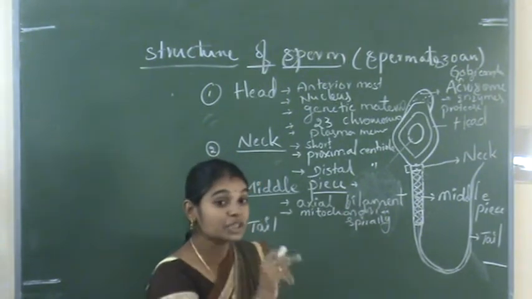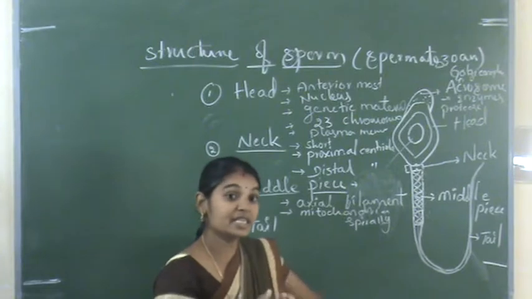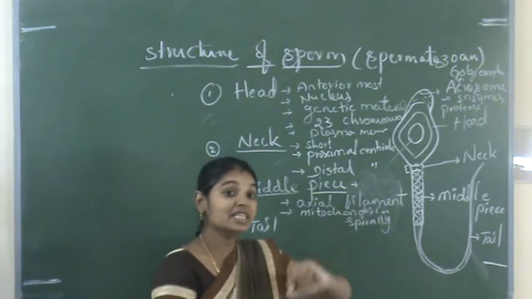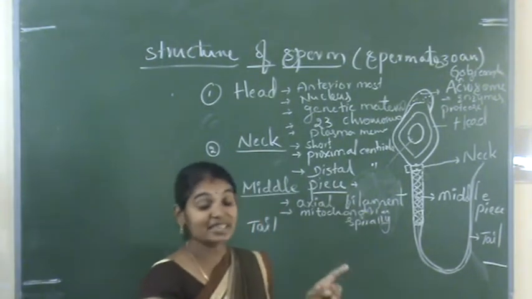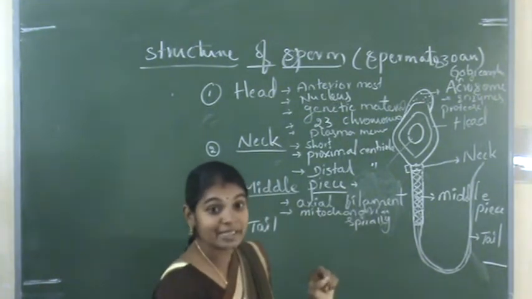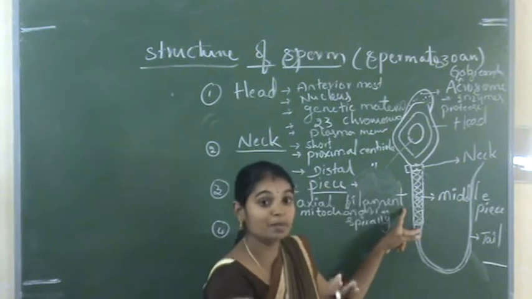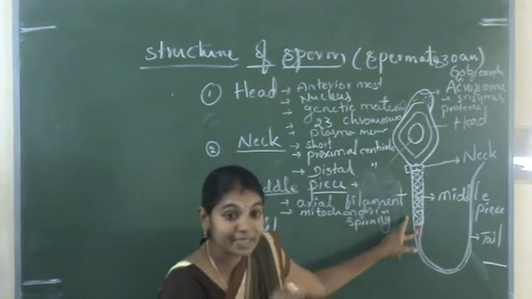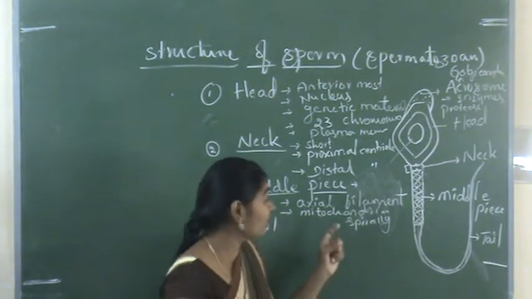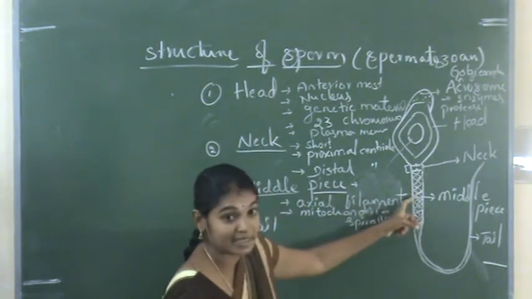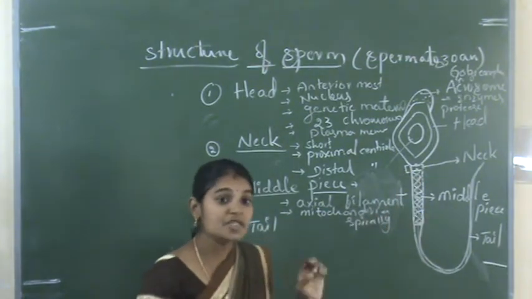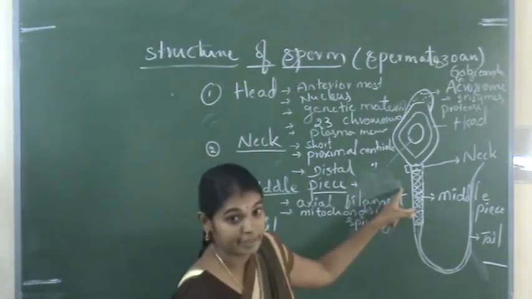First the semen enters the vagina, and from the vagina the sperms move to the oviducts. That motility is enhanced by the energy provided by the mitochondria, so the middle piece contains a large number of mitochondria.